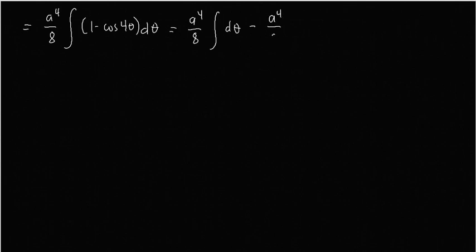minus a to the 4th power over 8 times 1/4 as neutralizing factor, since this is 4 cosine of 4 theta d theta.